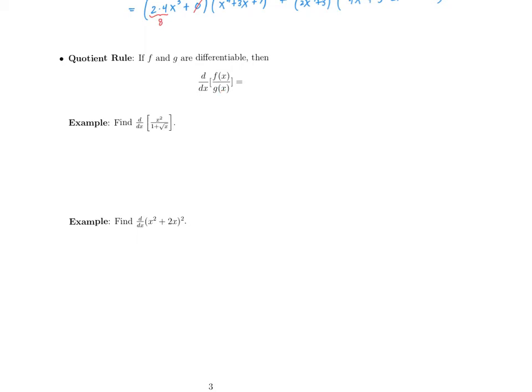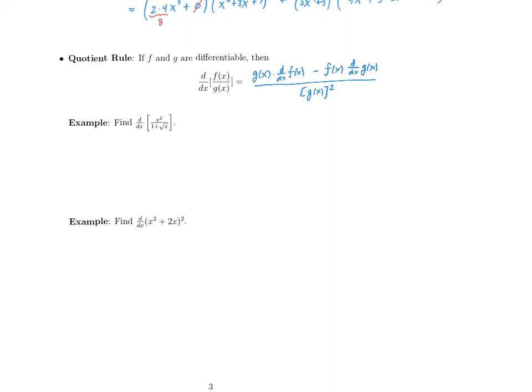And when I first learned calculus, I had a professor that had a phrase that she would mention as she went through the quotient rule, and it's something that's really stuck with me. And it is as follows. So low d high minus high d low all over low squared.